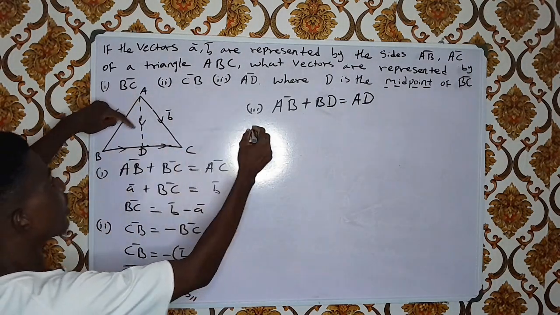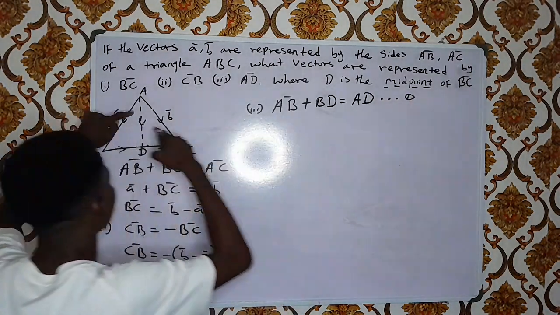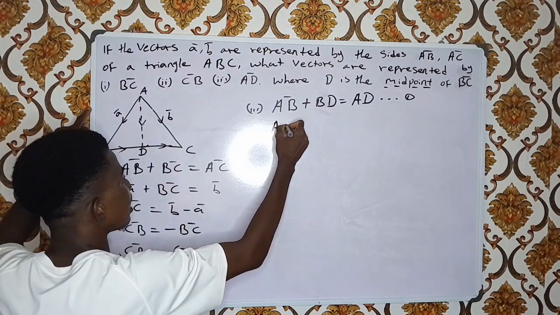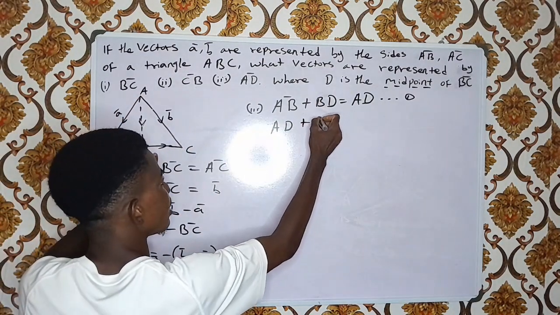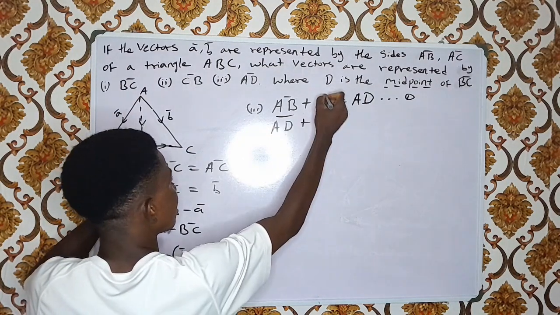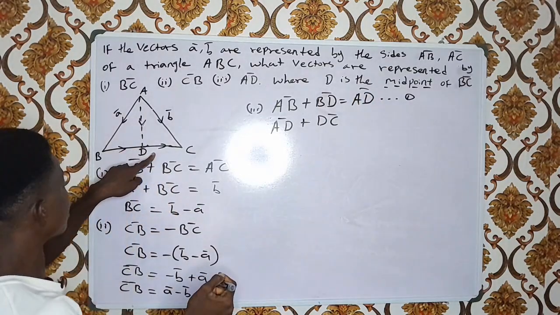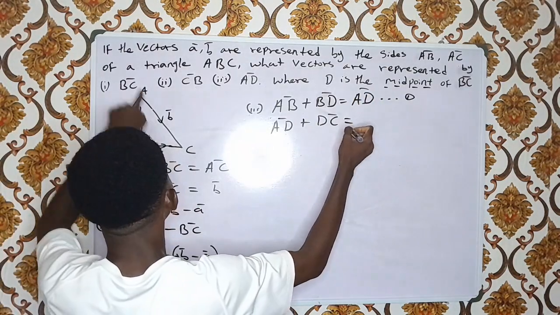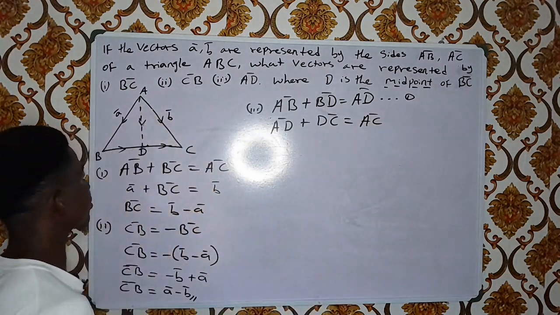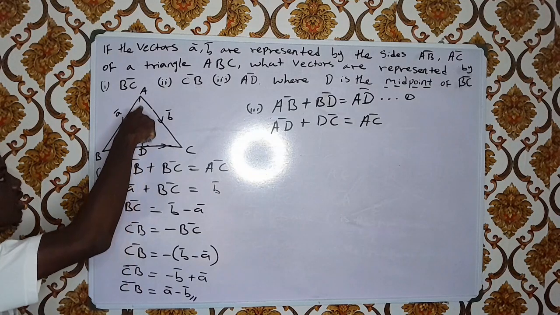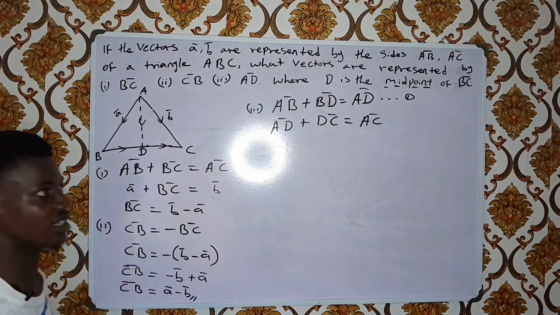From here, let's call this one equation 1. From here, we have that AD comes down plus DC. Always remember to put this. AD plus DC will give us AC.